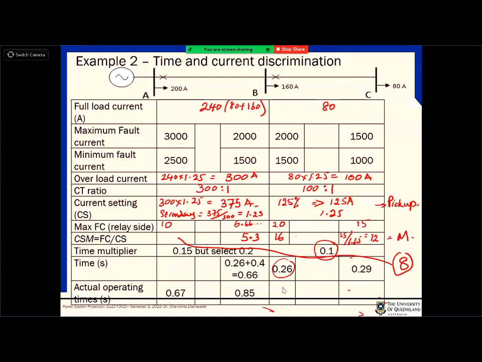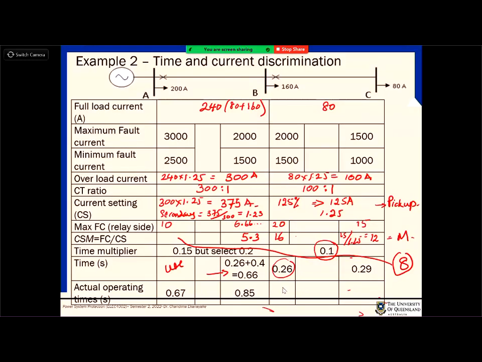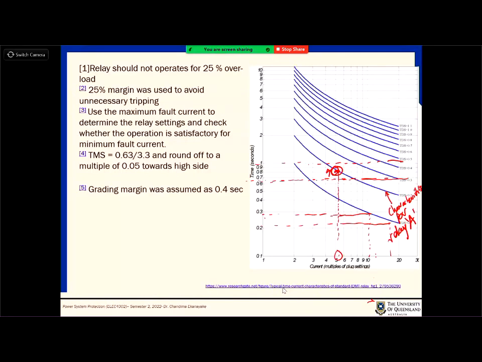Based on that, the characteristics are given as TDS. Use TDS equals 0.2. So that's what we used. TDS 0.2, we used it here, the second curve.